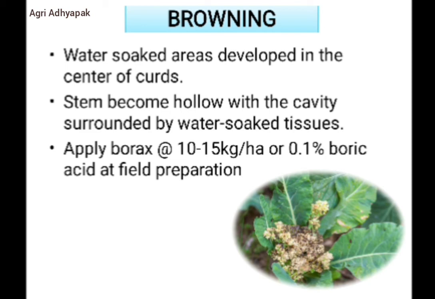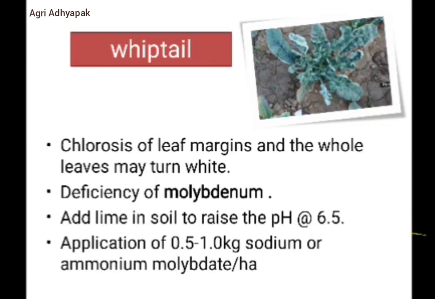So that is the major symptom for browning, and the application of borax at the rate of 10 to 15 kg per hectare, or 0.1% boric acid, at field preparation is a remedy. And whiptail: chlorosis of leaf margins, and the whole leaves may turn white, and it is majorly caused by the deficiency of molybdenum.